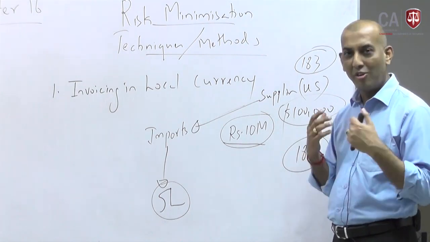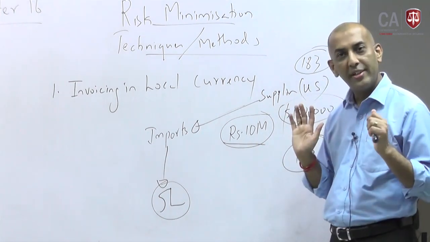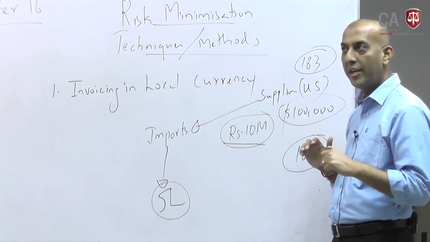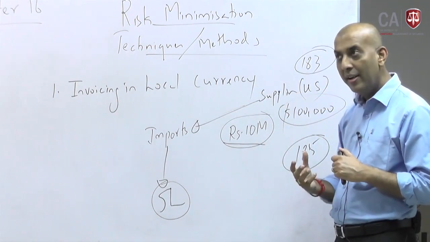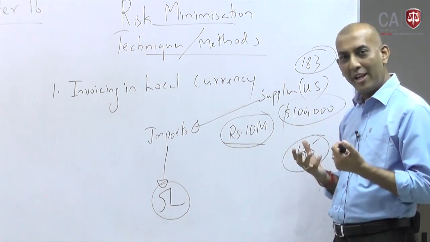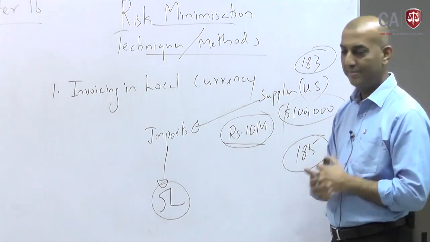The Sri Lankan rupee is not that strong a currency compared to dollars. So they will say, no, we go with the dollars. That is what you need to understand. Even though this is one of the techniques available, whether you can apply it or not depends on the country's bargaining power. That's one.